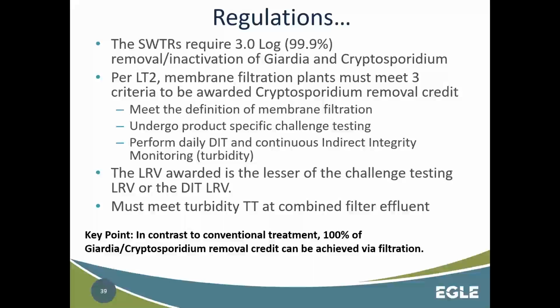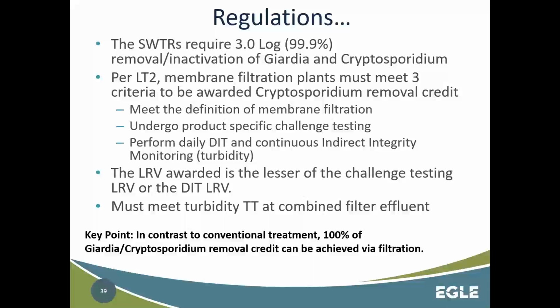So per the Long Term 2 Surface Water Treatment Rule, membrane filtration plants must meet 3 criteria to be awarded removal credit. Number 1, must meet the definition of membrane filtration. Number 2, has to pass specific model challenge testing. That's all done in the design phase for the manufacturer.